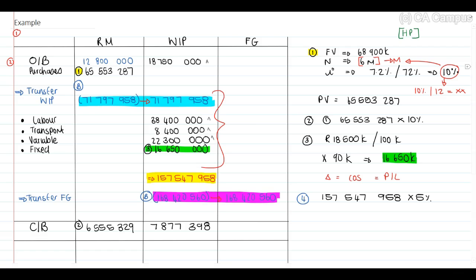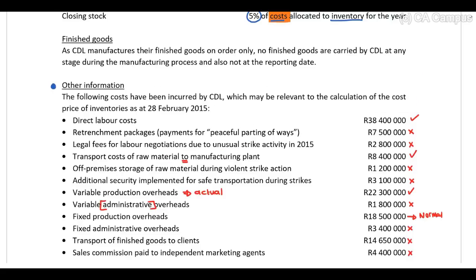Then let's refer back to the information provided. Finished goods. As CDL manufactures the finished goods on order only, no finished goods are carried by CDL at any stage during manufacturing process and also not at reporting date.